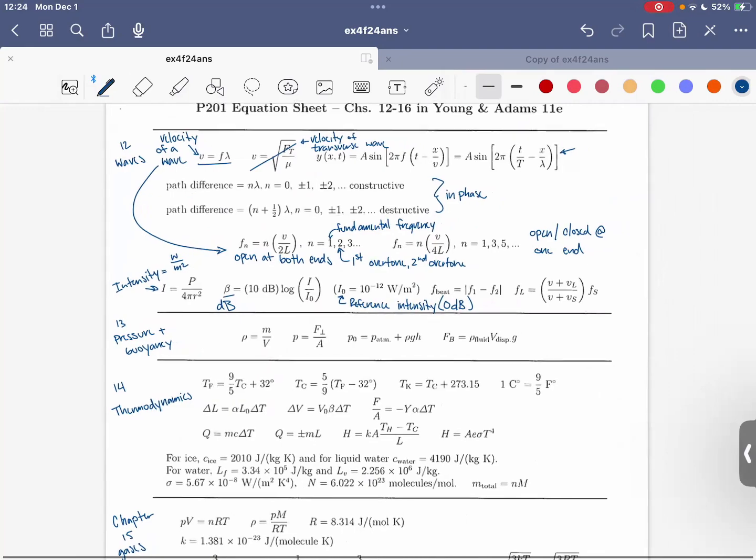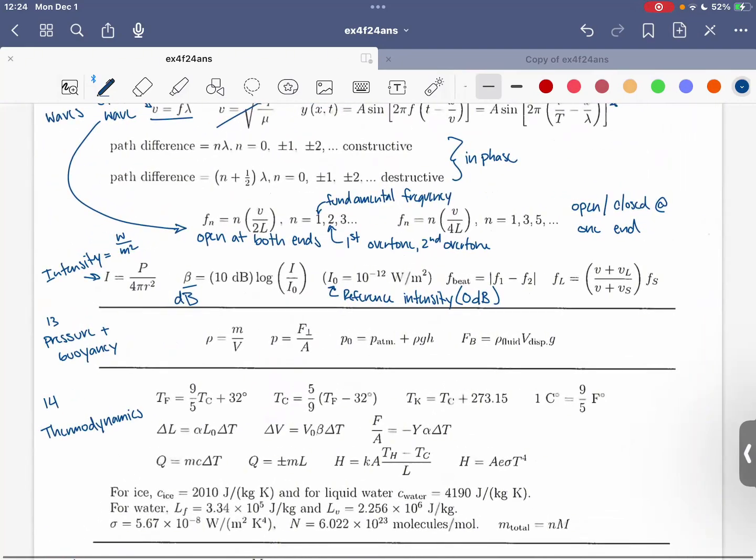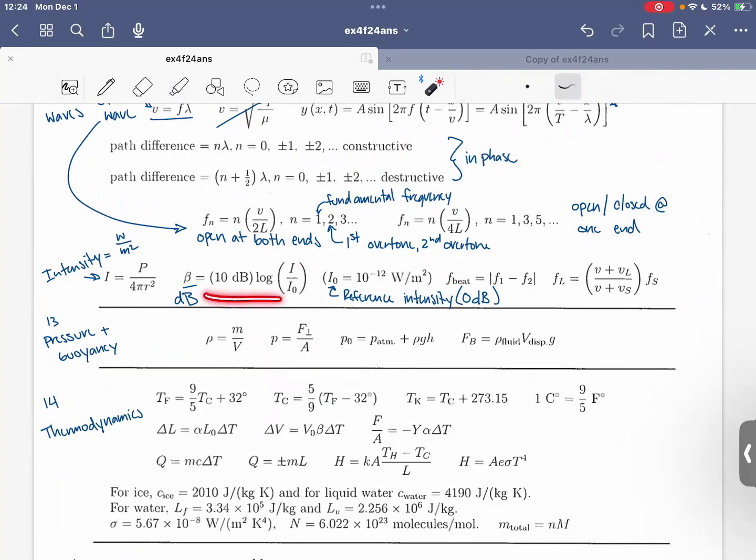Okay. And this equation can also be used to determine difference between decibels, but I don't think that's gonna be on the exam. Just know that mostly you can convert between intensity and decibels using that equation.